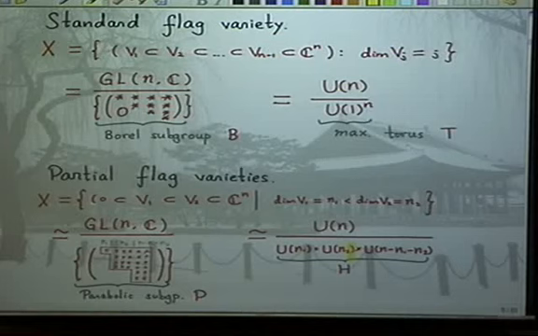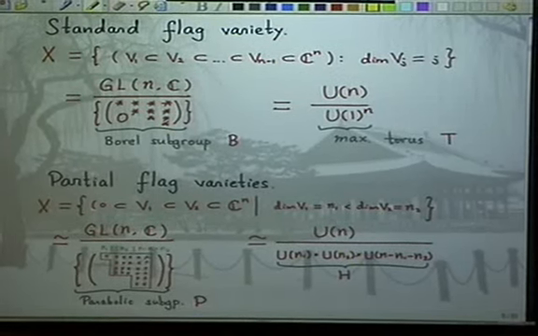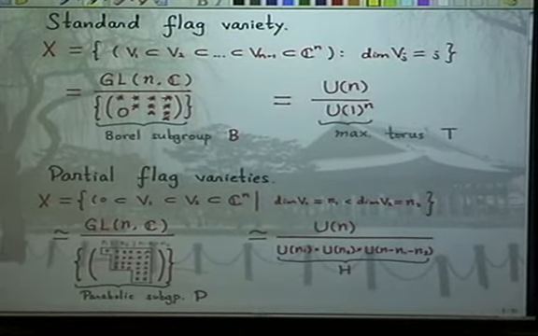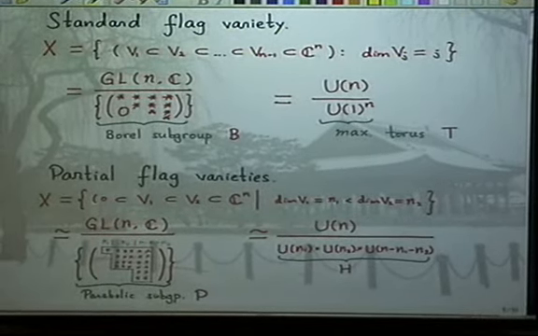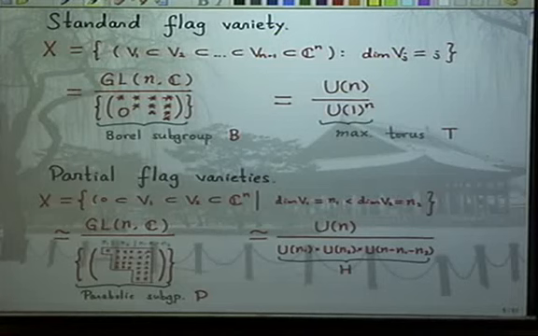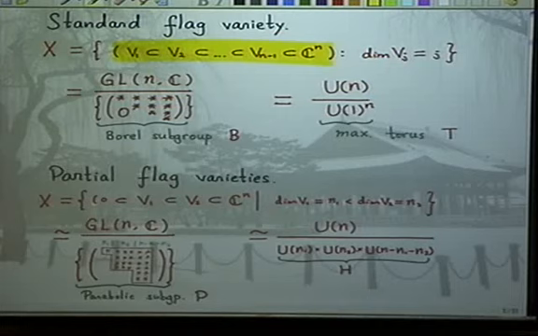So to begin, let me first give some more explicit understanding of the space. So let's start with the standard flag variety. These are just the set of all flags inside C^n. The flag meaning a net of linear subspaces, one included inside another bigger one, so dimension of V_j is j. Okay.